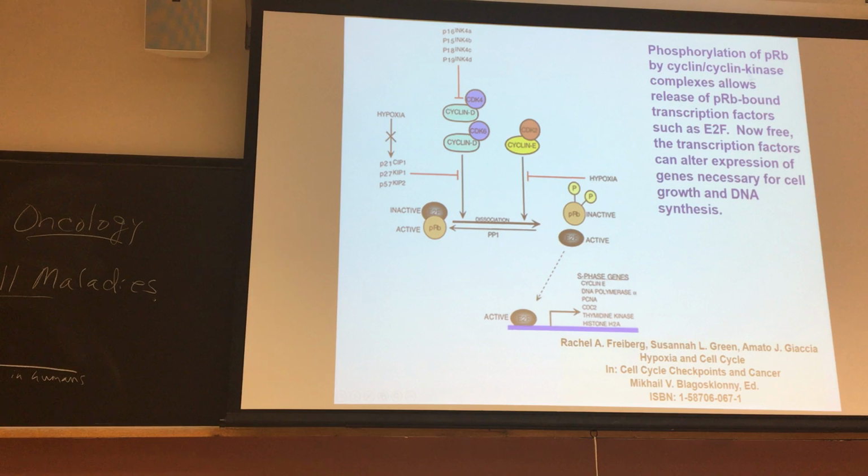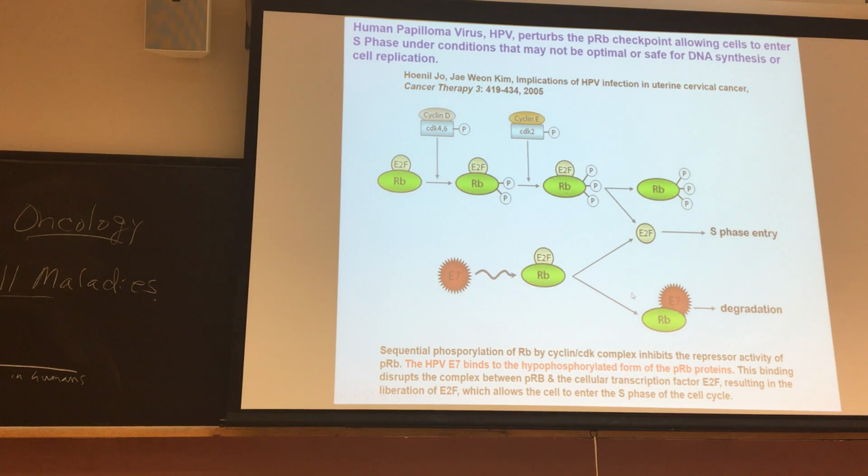So this is just showing you another picture of it and several conditions that can lead to either phosphorylation on the one hand or dephosphorylation on the other hand. And you also get this kind of an effect with certain viruses that can interact and degrade the RB protein.